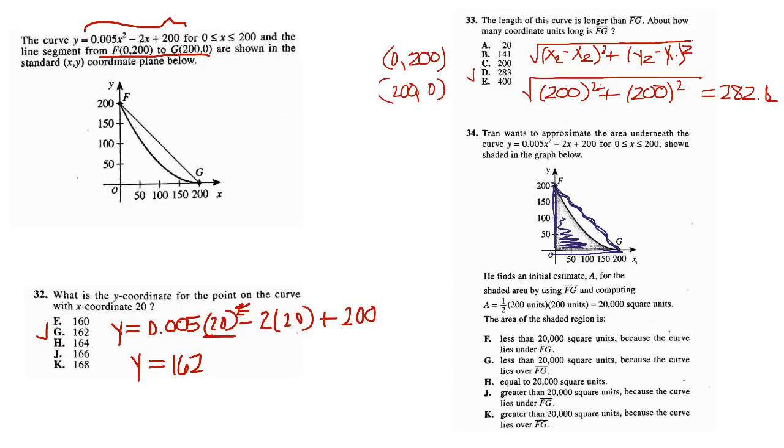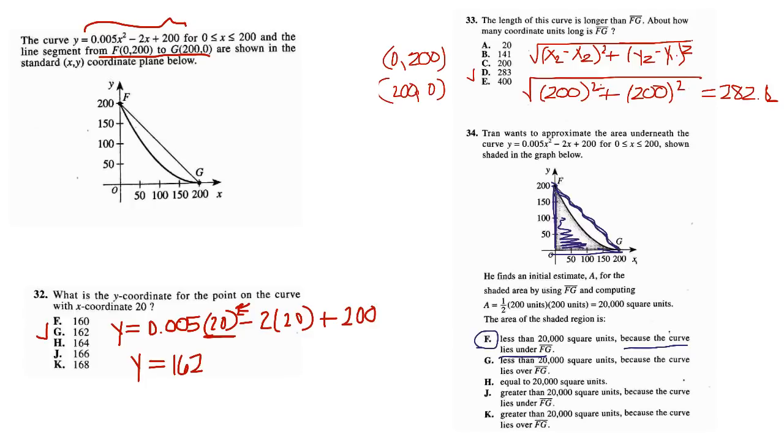So let's look at F, and initially, hopefully we see that the area under the curve is less, but it also states why it's less. We have less than 20,000 square units because the curve lies under FG. Well, that sounds right, isn't it? Let's look at our other answer choices before we select F for sure.